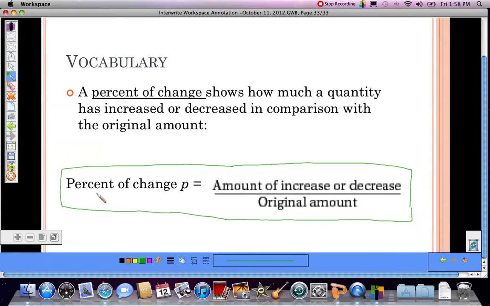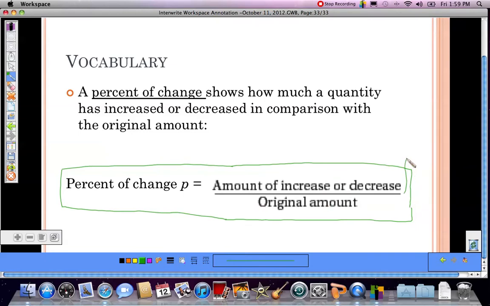All right, to find percent of change, that is represented by the variable p, that is the percent of change, you are going to take the amount of increase or decrease. It depends on your original amount. Is it increasing or is it decreasing? The amount of increase or decrease, and you're going to divide it.